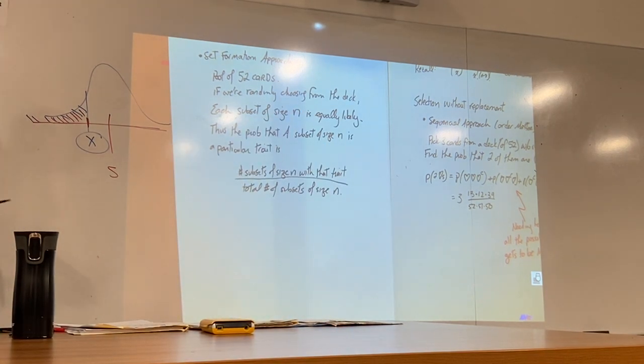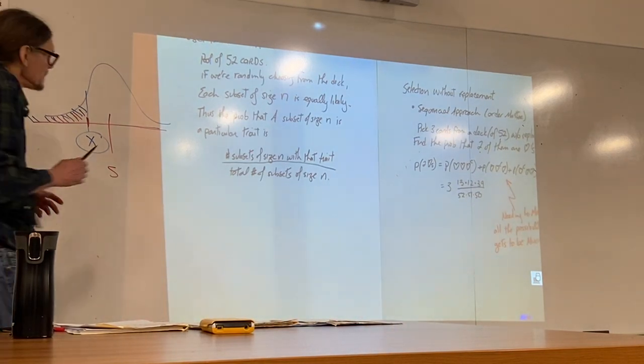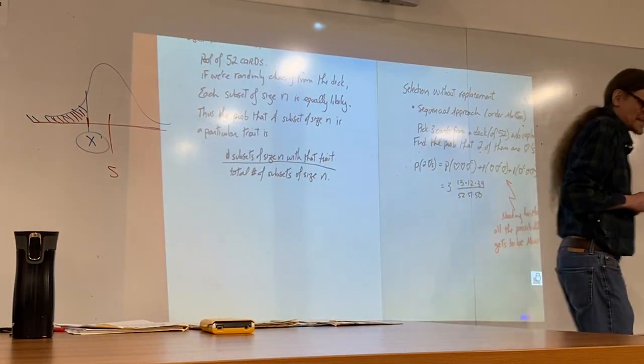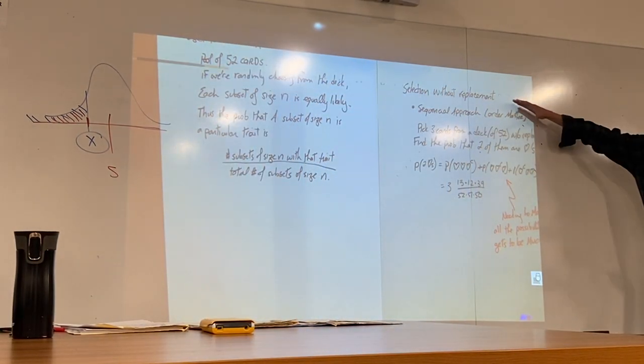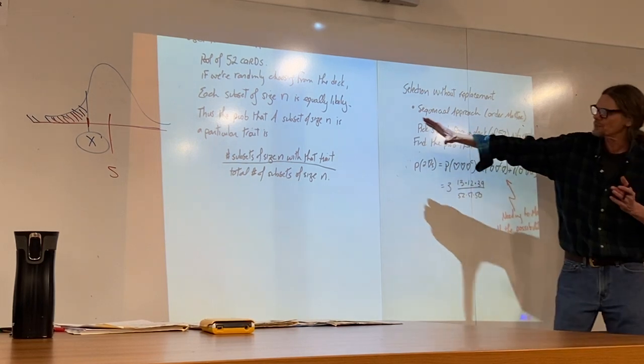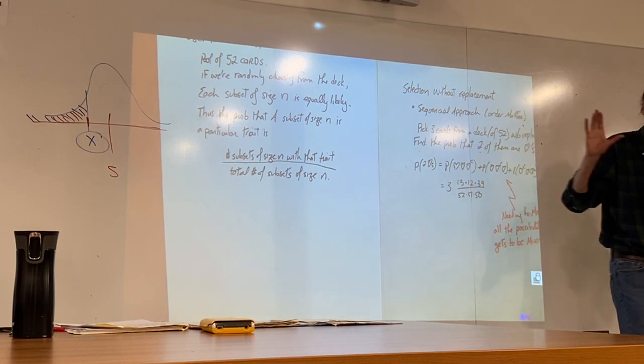Right? And so, do you see the distinction between taking this sequential, order-matters approach versus this approach over here where you're simply collecting subsets?